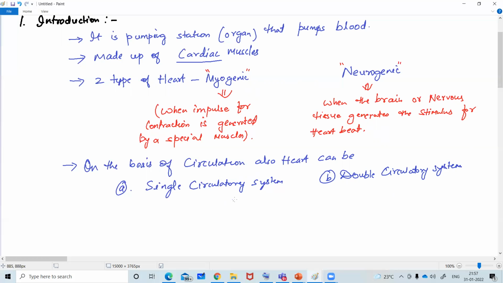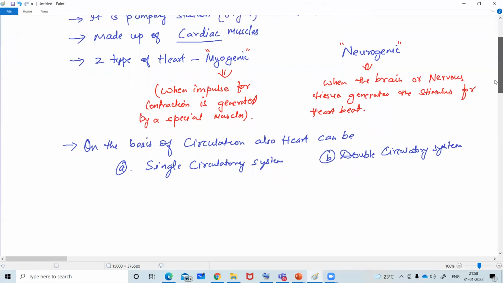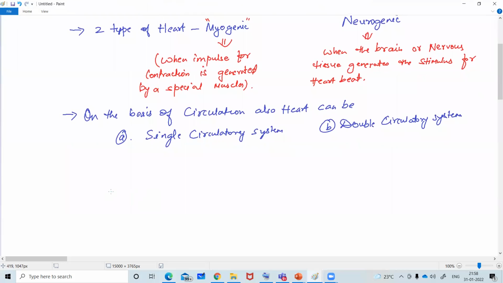When we say single circulation heart, it is a single circulation when the blood passes through the heart only once. So if you have to show the system, suppose this is the heart, right?